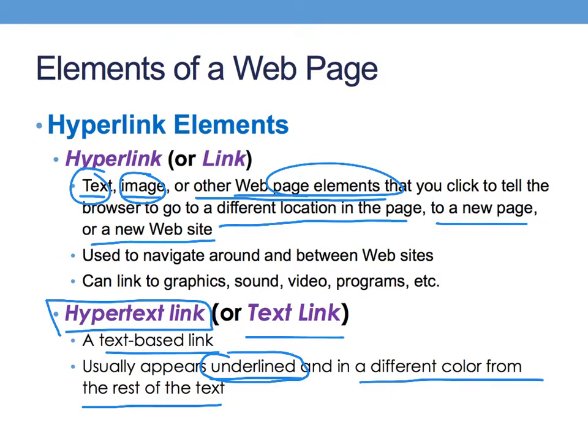We have window elements, text elements, image elements, and hyperlink elements. And then you should know the details of each of those elements and what specific type of elements stem from there. So at this point, you are ready to move on to the worksheet for this particular lesson. And then the next videos will start getting specific with the tags, and they'll start moving you into coding your first web pages.